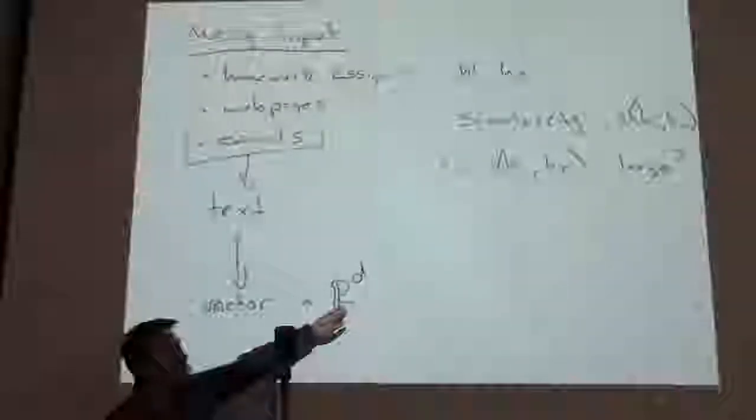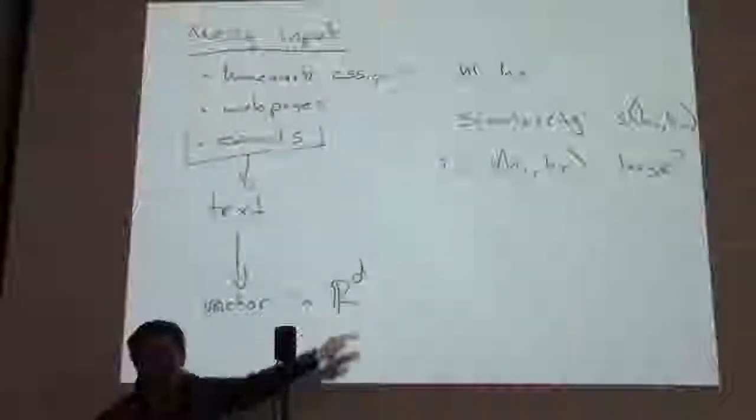And so we're going to look at a way to convert this text into one of two different abstract representations. The first one, which we'll talk about more briefly, is a vector in R^d. So this is going to be a set of d real numbers.